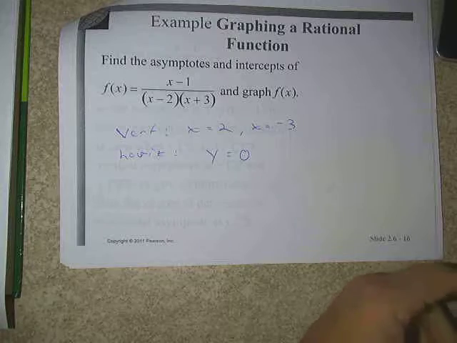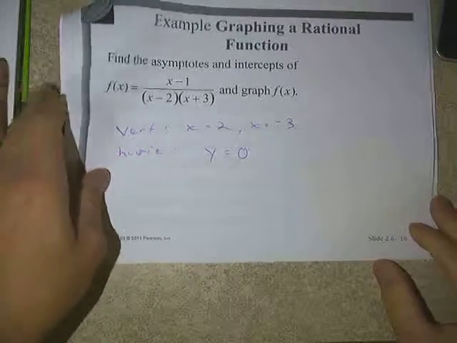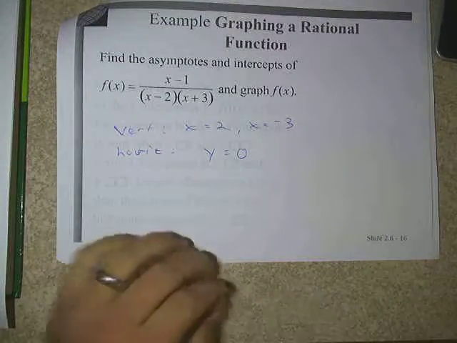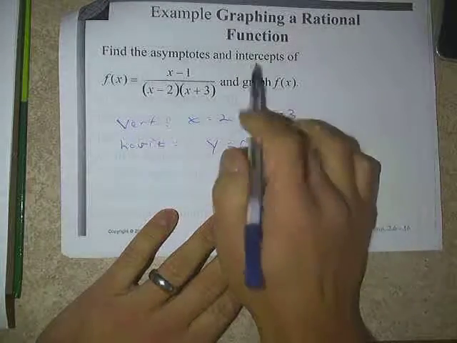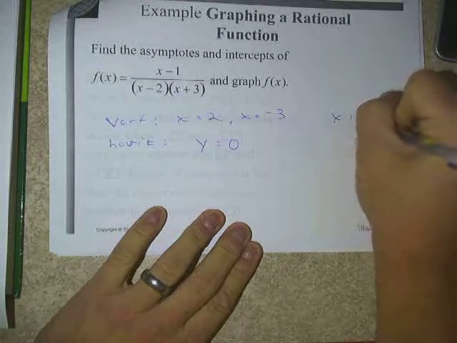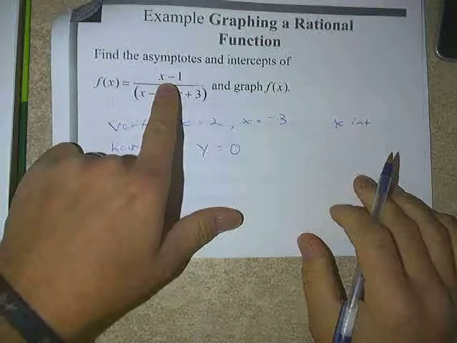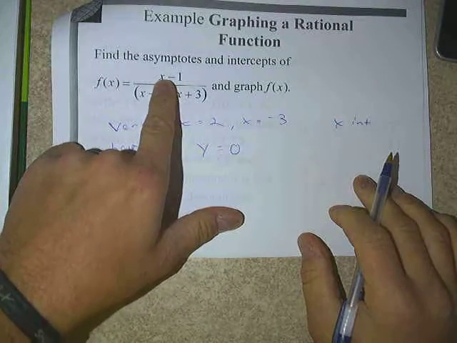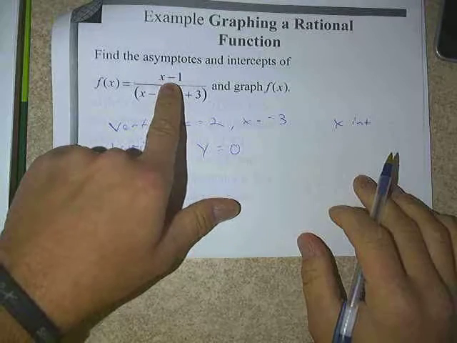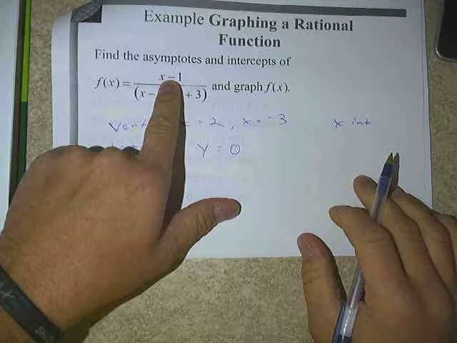So y equals 0 would be the horizontal asymptote for this particular case. And again, for graphing, I'd graph my horizontal and vertical asymptotes, and then I'd plot points in each of those regions, essentially 9 points to get a reasonable idea of what it would look like. And then we could go from there.